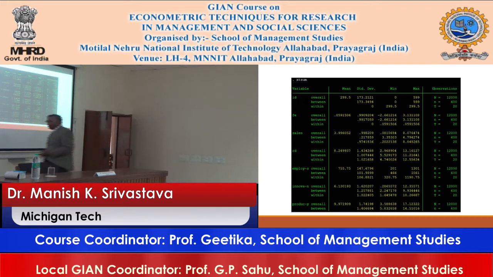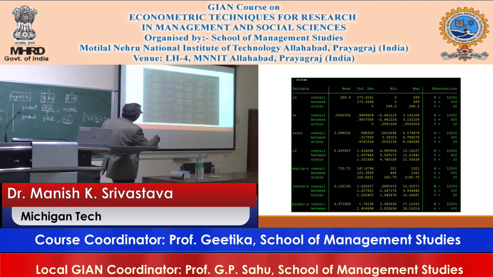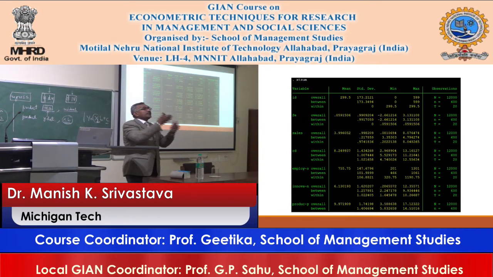One is the capital N, which you see here, giving us the information on how many total observations there were in the data set. The next one is showing small n is equal to 600. And below that, it is showing t is equal to 20.